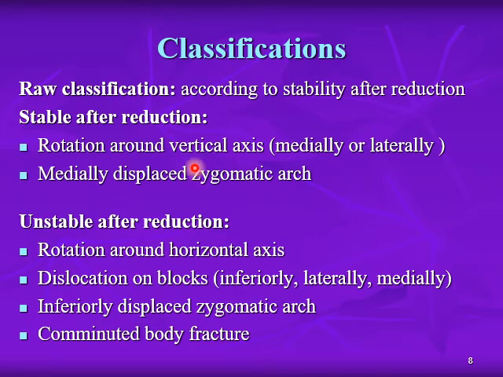Stable after reduction, we have rotation around the vertical axis, which means medially or laterally displaced zygomatic arch. Zygomatic bone fracture unstable after reduction, we have rotation around the horizontal axis, dislocation en bloc inferiorly, laterally, or medially, inferiorly displaced zygomatic arch, and comminuted body fracture.